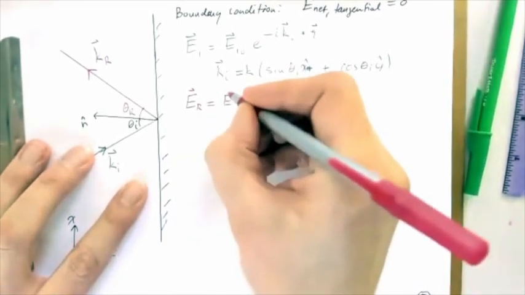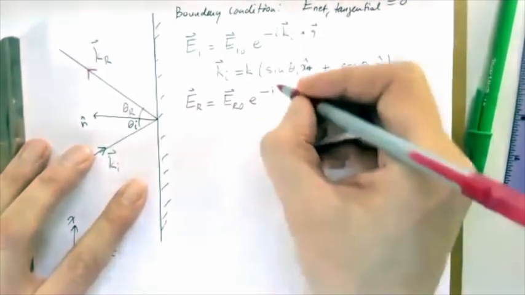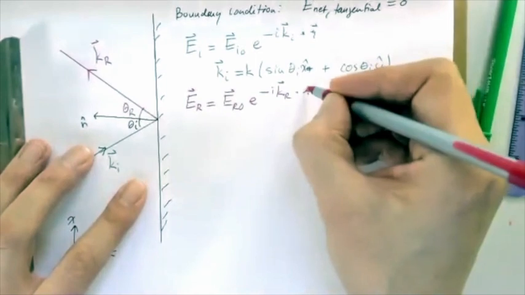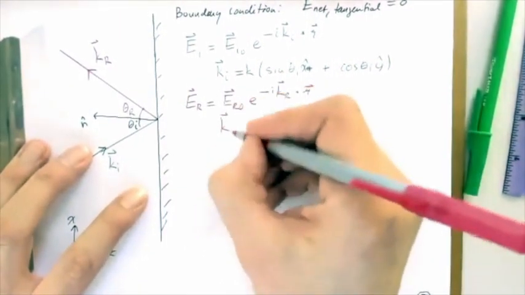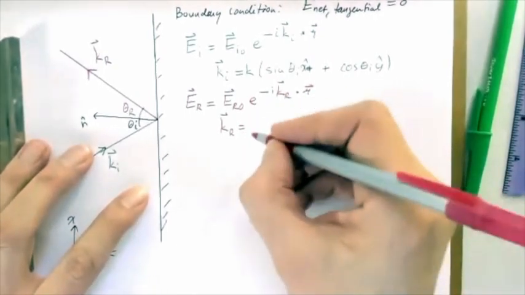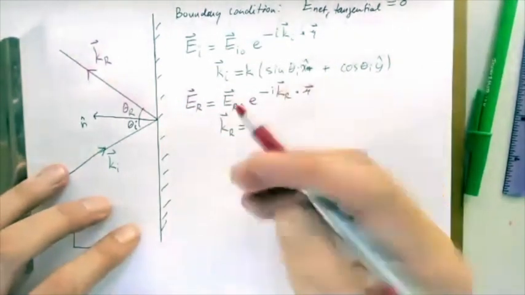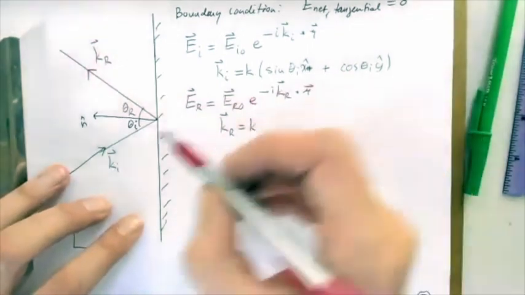is some ER0 e to the power minus i k r, and I'm leaving it as general as possible for now. And that k vector has that same magnitude, because this thing is not changing frequencies, so frequency doesn't change, wavelength doesn't change, and therefore the wave number doesn't change.